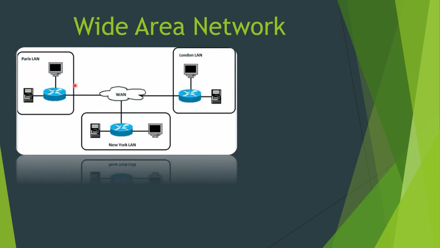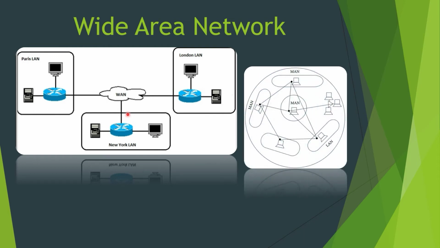Here you can see that Paris LAN, New York LAN and London LAN are connected together, and these together form the wide area network. Here is another example where two MANs and a LAN and some other computers are connected together, and these all are forming the wide area network.